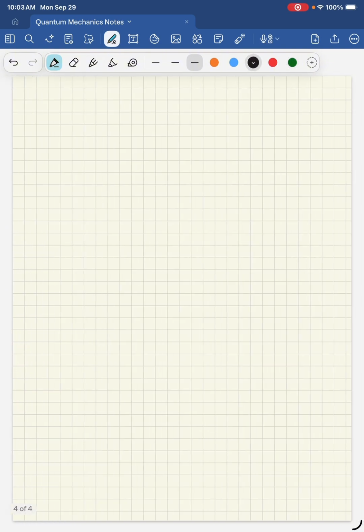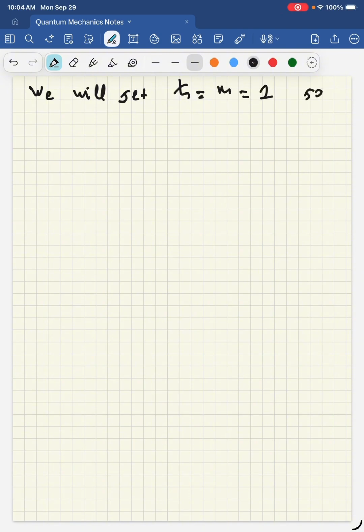Let's go to a clean page. We will work by setting h bar equal to mass equal to 1 for simplicity.